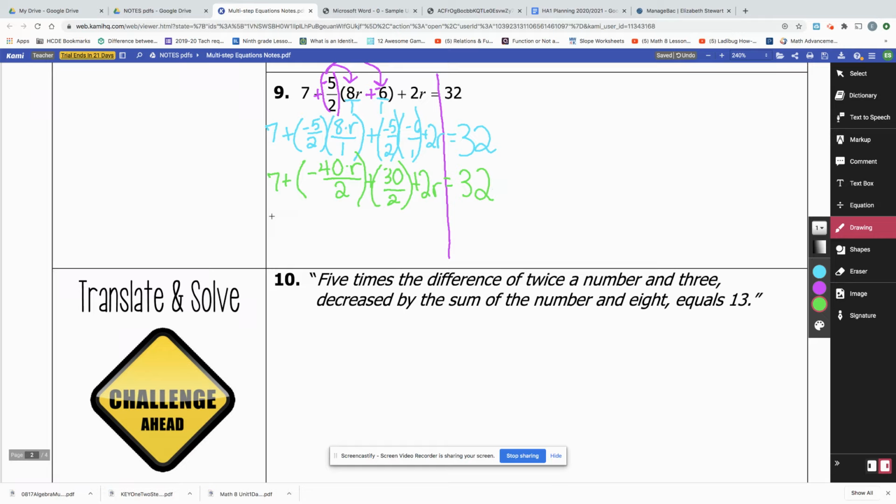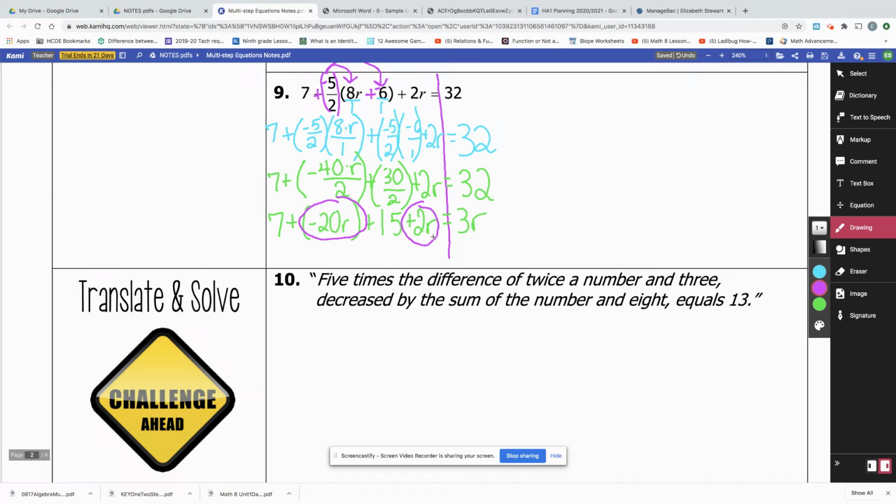Okay, let's keep simplifying. Negative 40 divided by 2 is negative 20r, plus 30 divided by 2, which is 15, plus 2r equals 32. Now I can start looking for my like terms. On the left side, I've got negative 20r and I've got 2r.